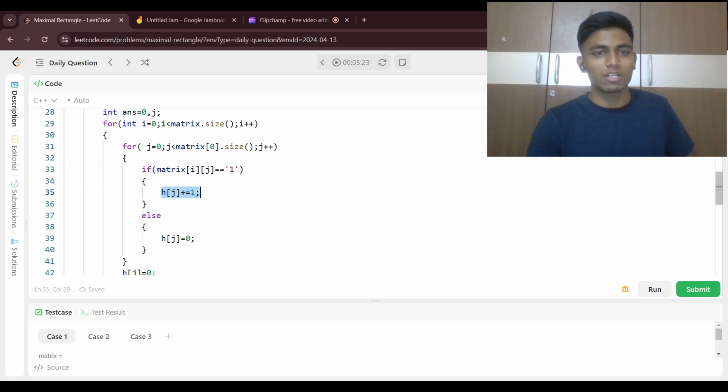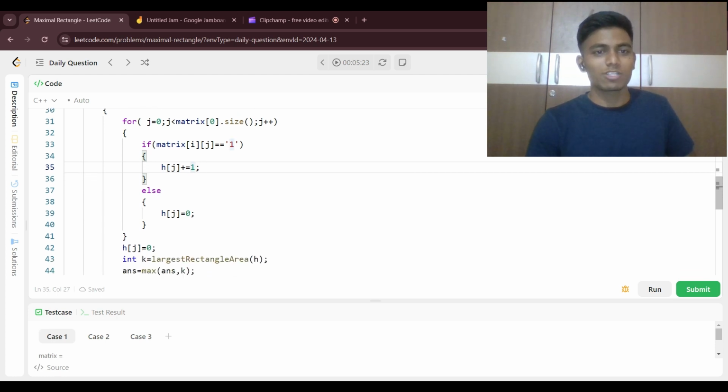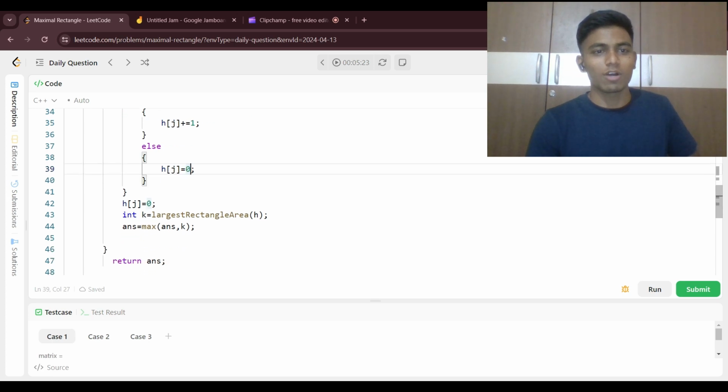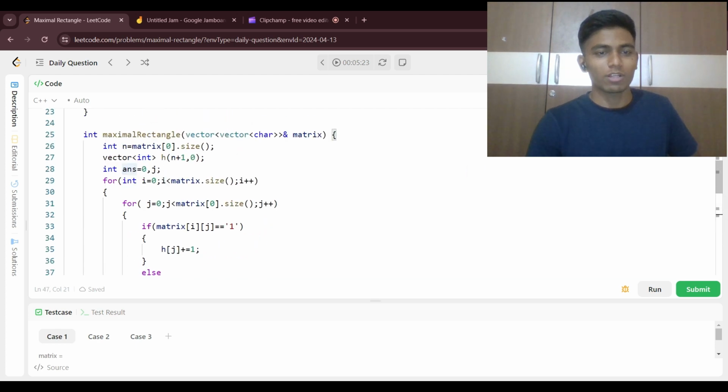And whenever we have matrix of i j equal to 0, then we are going to consider height equal to 0, and then at last we are going to assign 0, and then we are going to calculate the largest rectangle area with this particular row height, and at last we are going to return the answer. So let us see the largest rectangle area using the height bars.